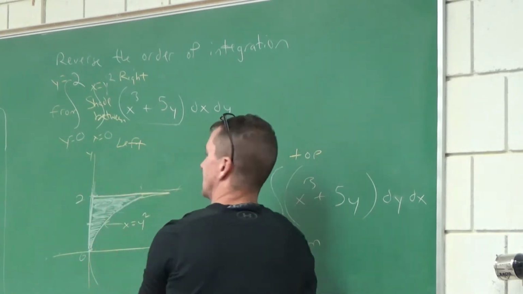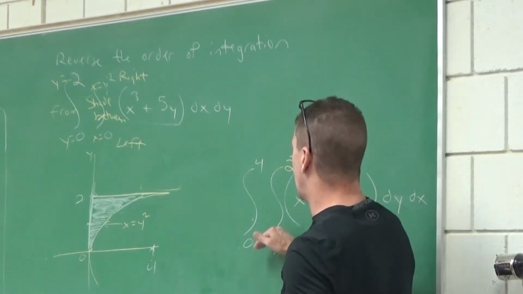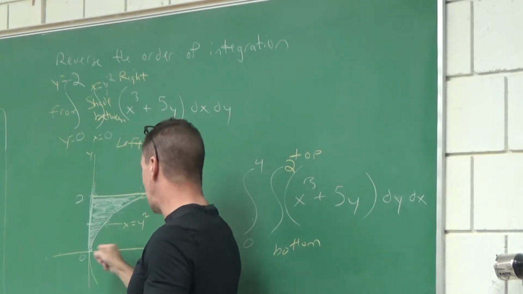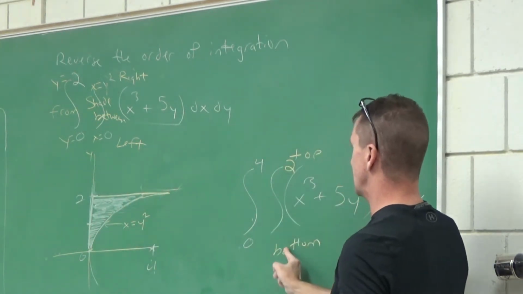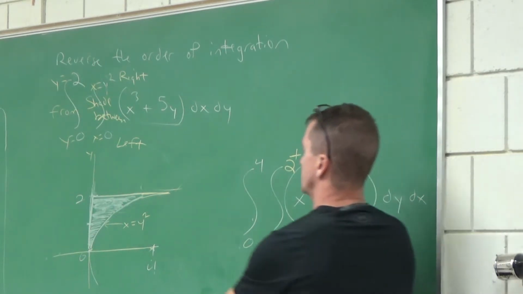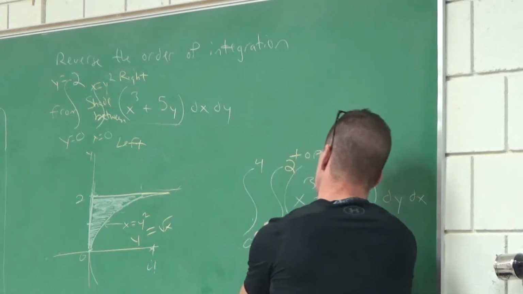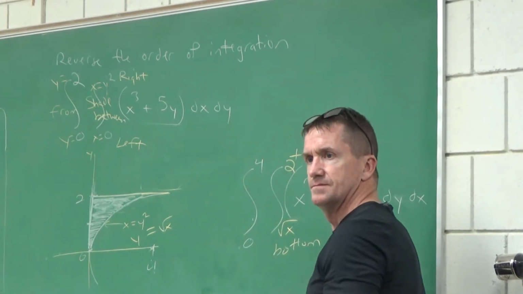What's the equation of that flat line? Y equals 2. And who's the bottom? It's the curve. The bottom is not 0. The bottom is that curve right there. So my top is y equals 2. The bottom is, if you solve for y, what would you get? Square root of x.